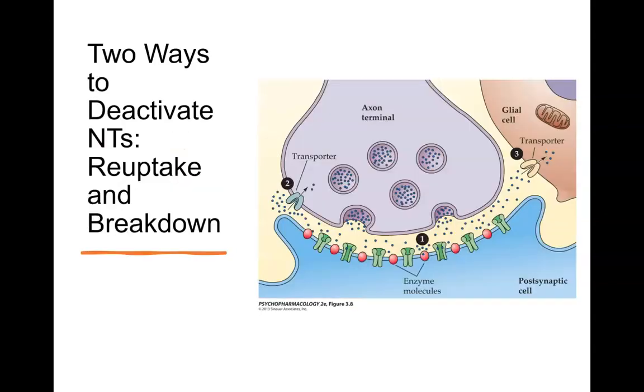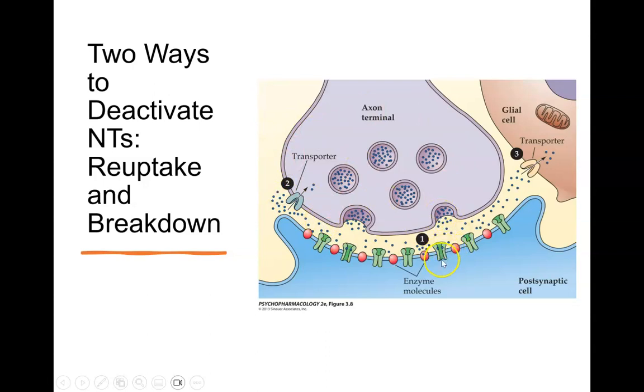Now, one thing that I will mention, there are 2 different ways to deactivate neurotransmitters. We can do a process that is referred to as reuptake, and we can also do what is called breakdown by enzymes. Your textbook refers to this as catabolism. So here we have some neurotransmitters.